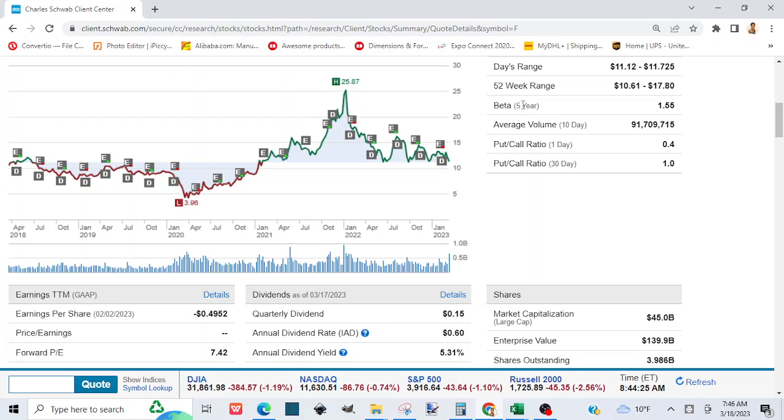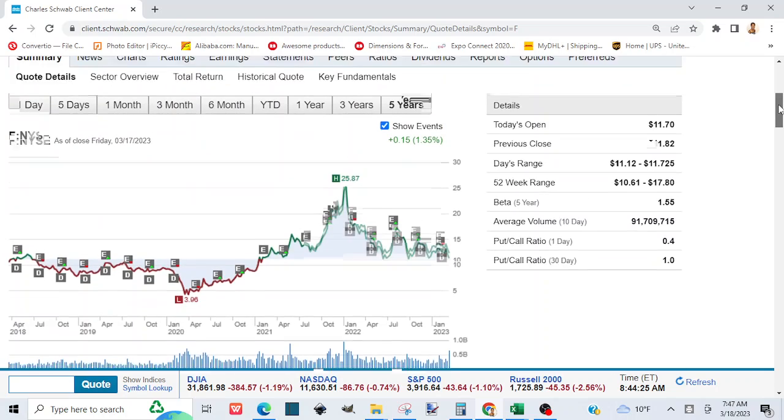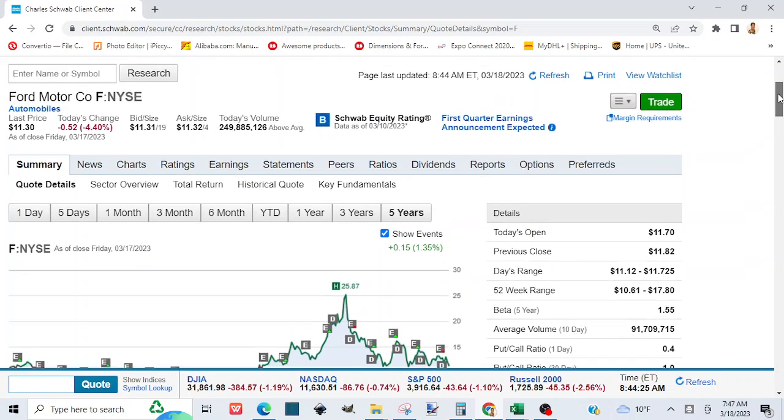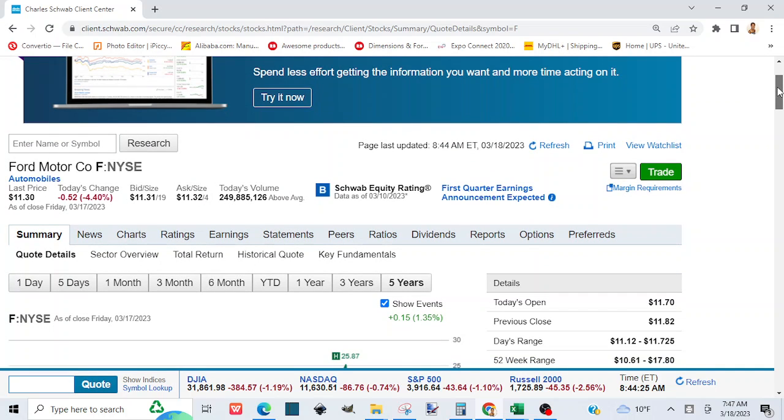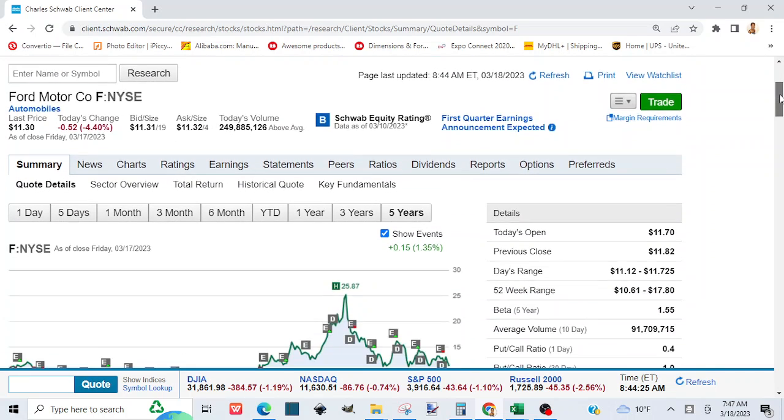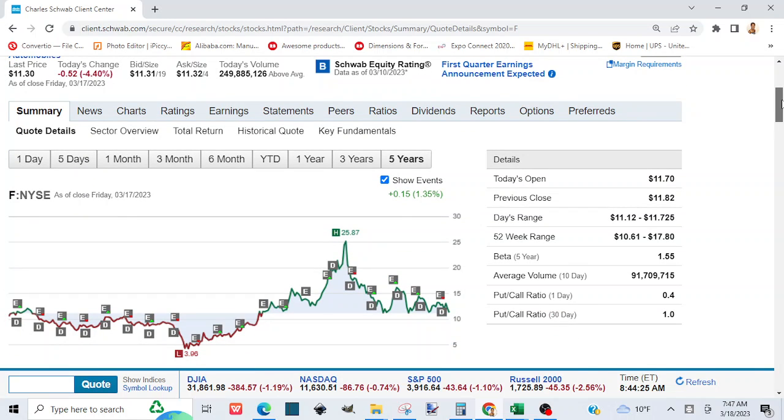And when the market is doing bad, the stock will go down. Sometimes I pay attention to the beta, but it does not become a requirement. It's not a set requirement for me. I pay attention to it in some cases as the last resort to decide if I want to invest in a company or not. If I'm doubting the company, I will use that as the last resort.